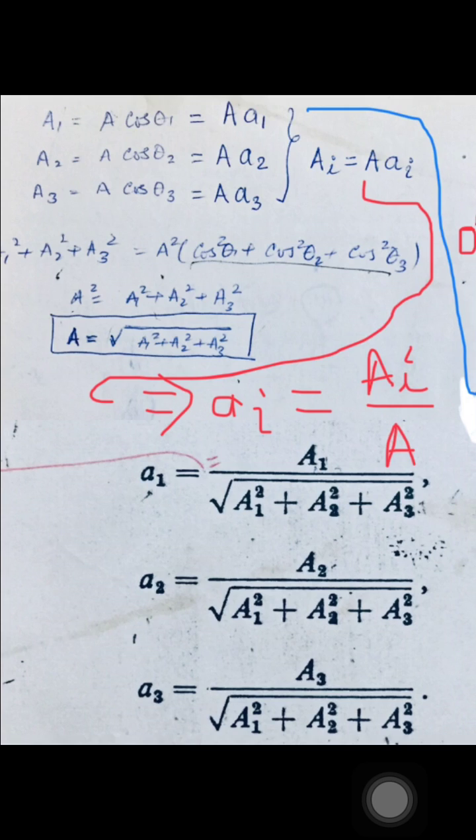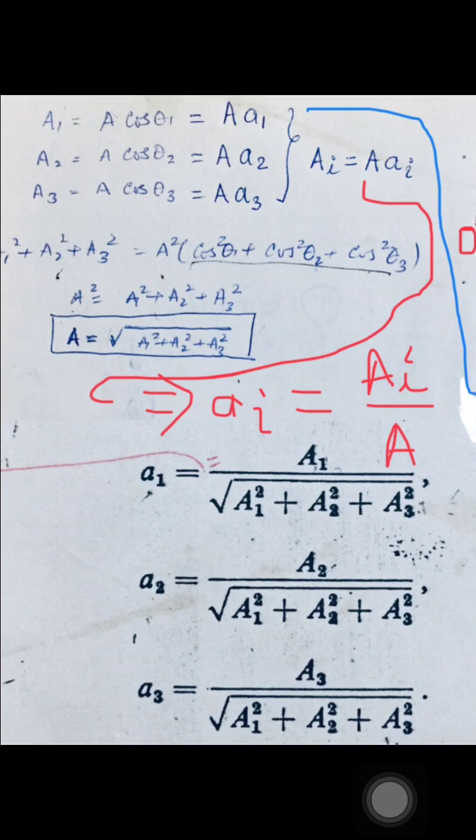So we get the direction cosine in terms of the components. Small a1 is capital A1 upon the square root of A1 square plus A2 square plus A3 square. Similarly a2 is A2 upon the same denominator, and a3 is A3 upon the square root of A1 square plus A2 square plus A3 square.